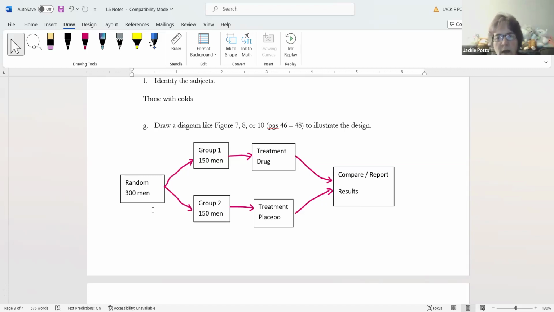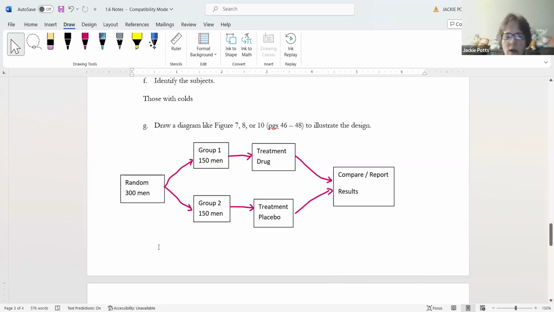But when I go to block, I'm controlling it down to 300 people that share all the same factors as much as possible. Again, factors are variables, the descriptions. Okay. So there's lots of things. Think of how many different ways you can describe somebody. We talked about that in previous sections.